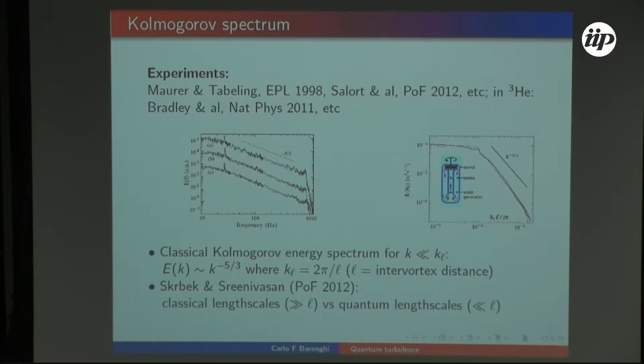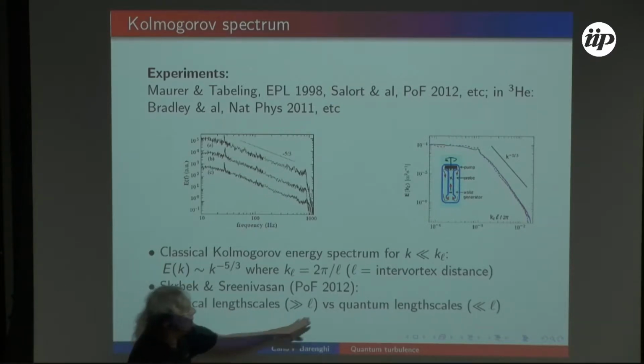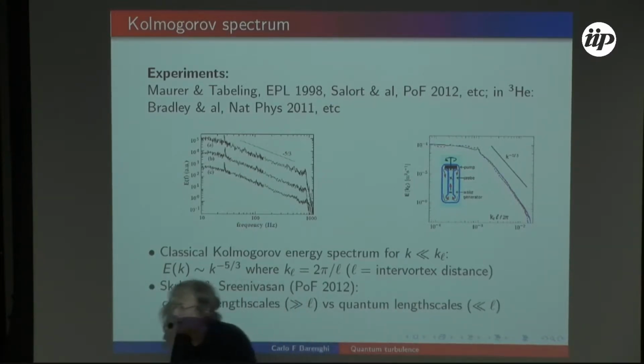And the reason is that if you go to scales which are smaller than that, essentially you're looking at what happens in between individual vortices. So you lose the possible connection with the classical hydrodynamics. That's why some people like to talk of classical length scales and quantum length scales. Looks like a fancy name, but that is what it means simply.